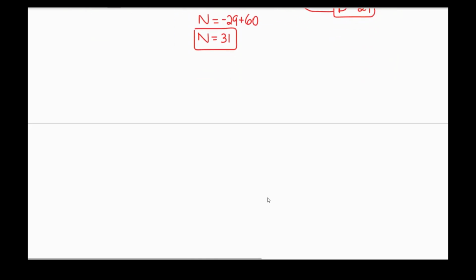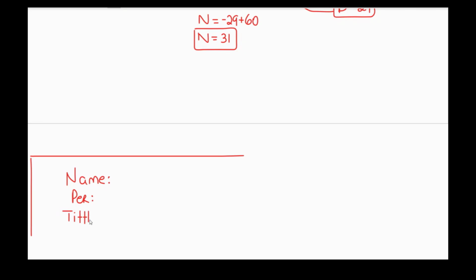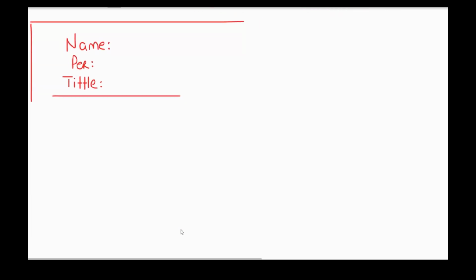Now for your assignment, what you're going to do on a piece of paper, you're going to write name, period, and the title of your assignment, which you will find on the very top of the Go Formative assignment in blue. Okay, so you write it right there. You draw a line, and then you're going to write the number of the problem inside a circle.